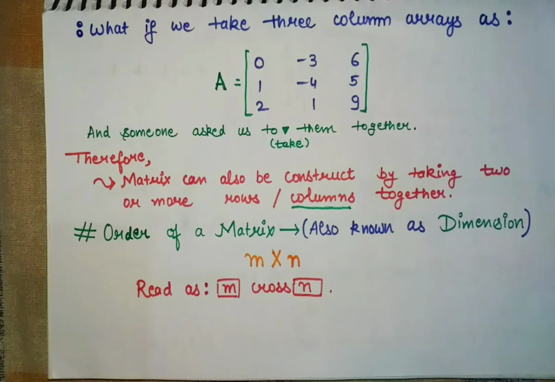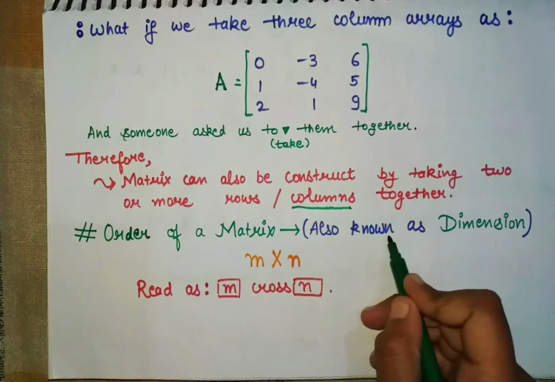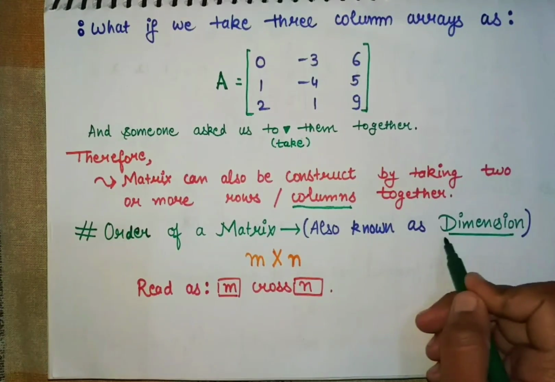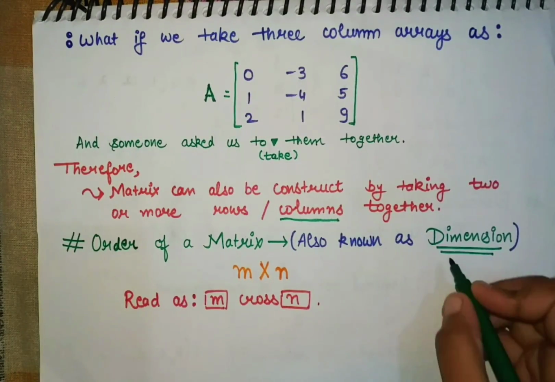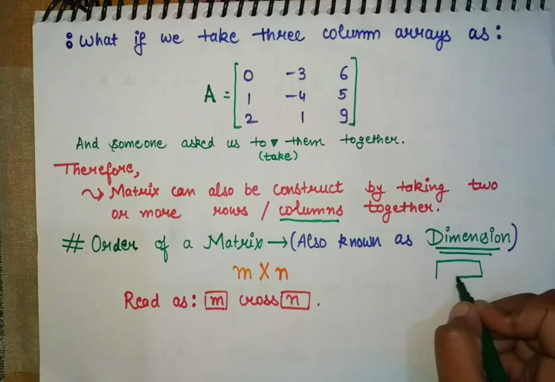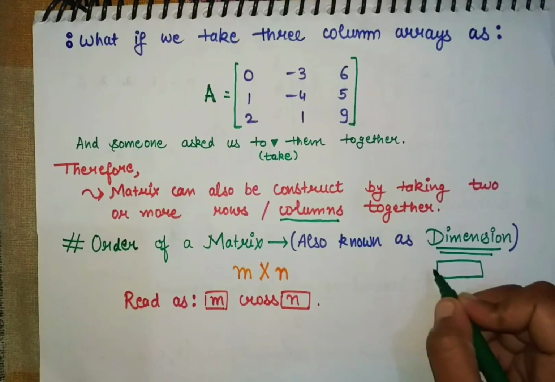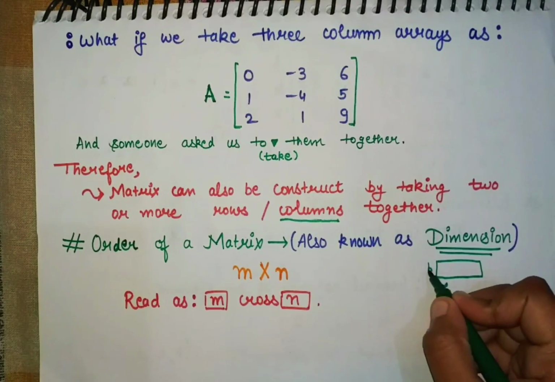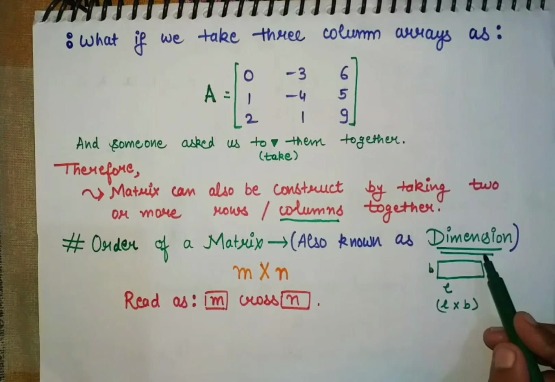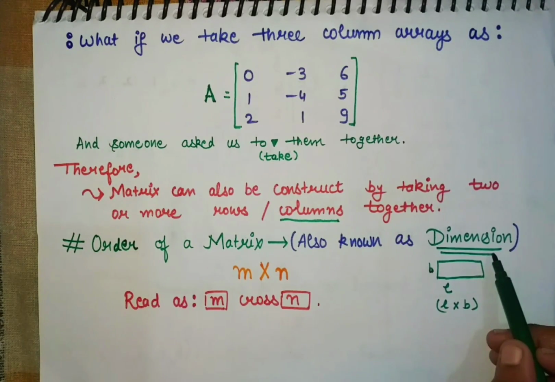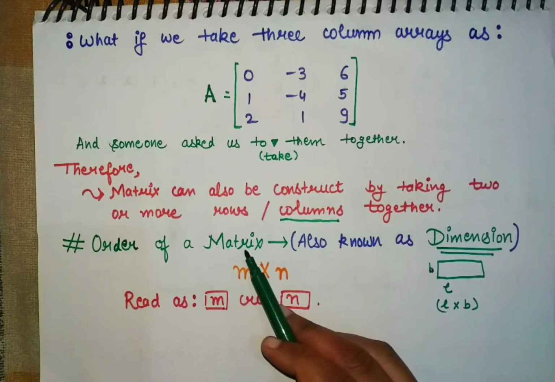Now let's talk about the order of a matrix, also known as dimension. You all would have seen the dimensions of a paperboard as L by B, denoting it as L cross B. Here also dimension has the same meaning related to the matrix.